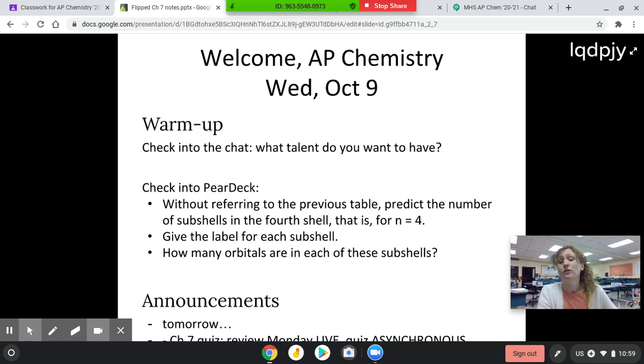And tomorrow is an interesting day. Here's what I think we're going to try to do. We're going to try to go through the photoelectron spectroscopy POGL in groups. Now, I'm not 100% sure that I will be able to connect to internet tomorrow.